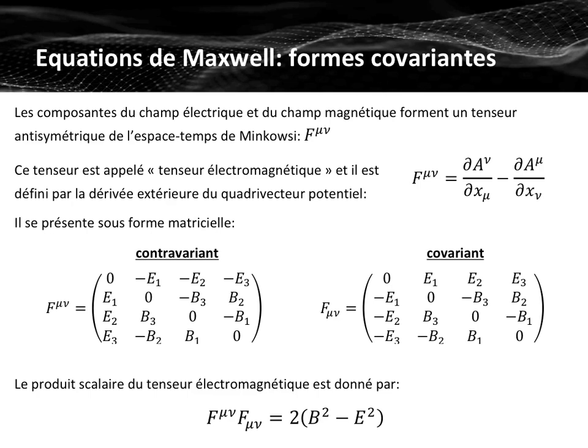It's a tensor, basically a 4x4 matrix, that contains the components of the electric and magnetic fields. So this represents the electromagnetic field, and this defines the relation between them. It's called F mu nu, in the covariant or relativistic form.